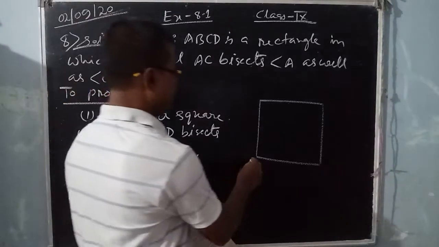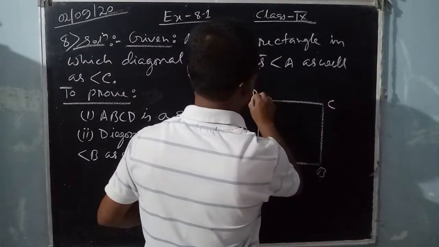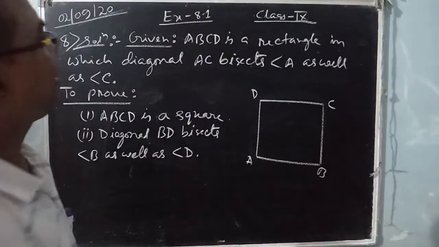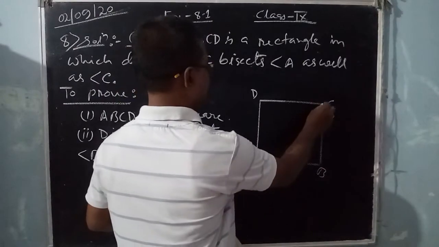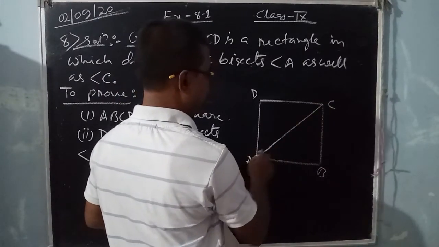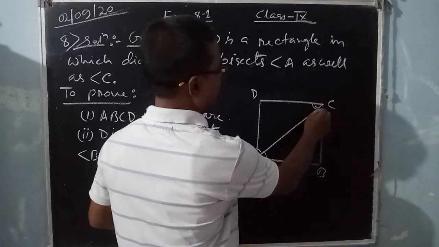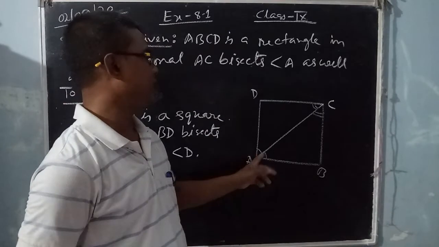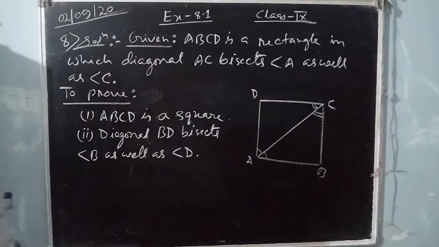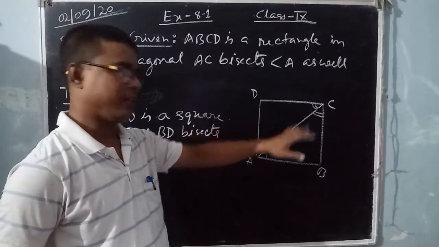Now ABCD is a rectangle, in which diagonal AC bisects angle A as well as angle C. AC bisects angle A means this equals this and this equals this. They are equal. First we are going to prove that ABCD is a square.